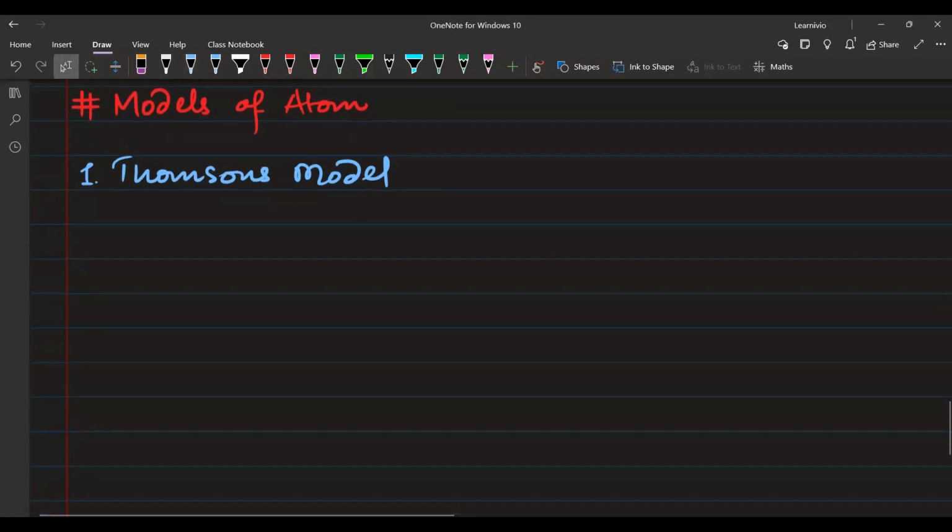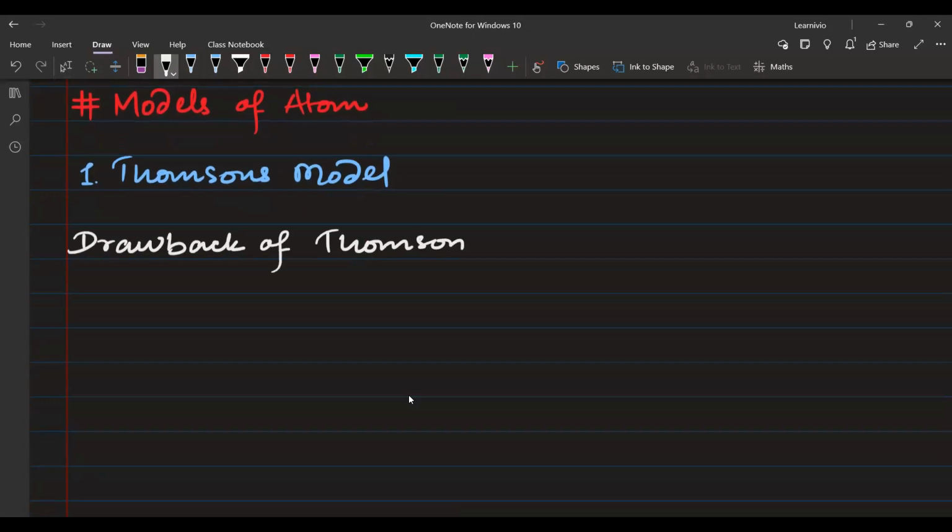Drawbacks of Thomson model. Now, there are various drawbacks of Thomson model. By the way, drawbacks are generally known once we have a better model with us.